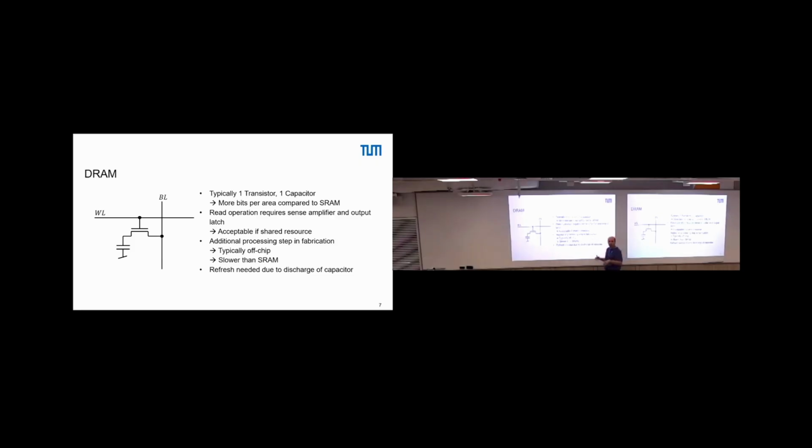We captured them somewhere. If we want to read, we apply here VDD half. So we put here VDD half so that we have somewhere in the middle. We open the switch or make this here conducting. Some of the electrons go here, which causes, if we look into some time diagram where we have, let's say, VDD here and ground here, then we start with the BL being somewhere in the middle.